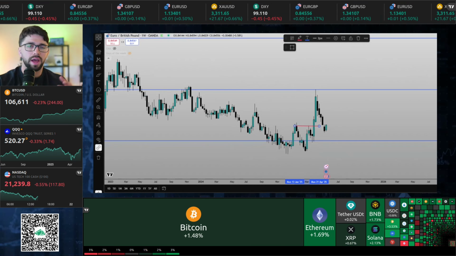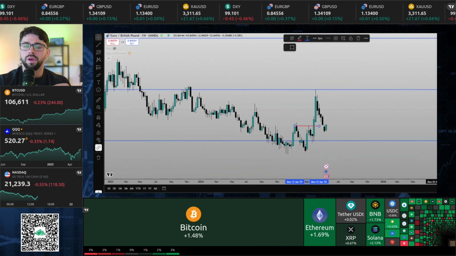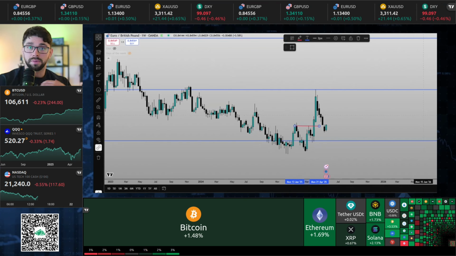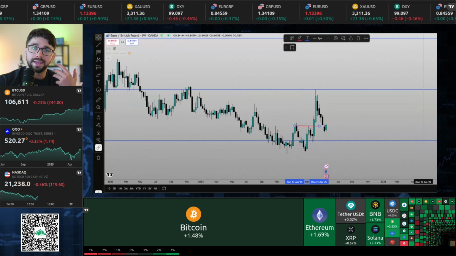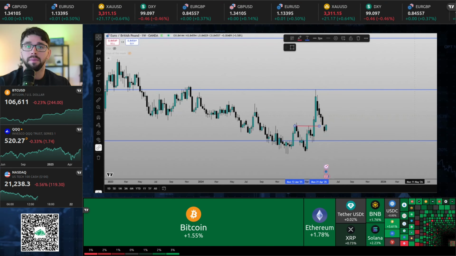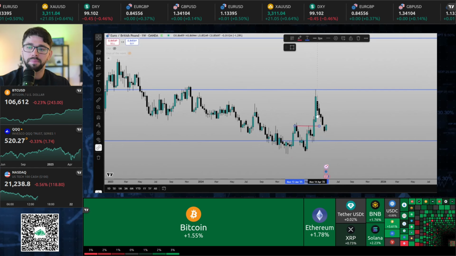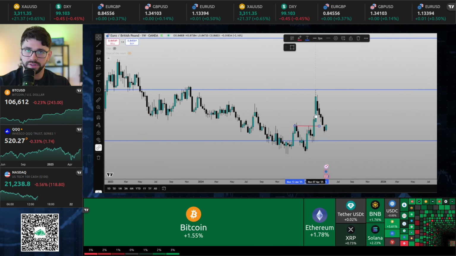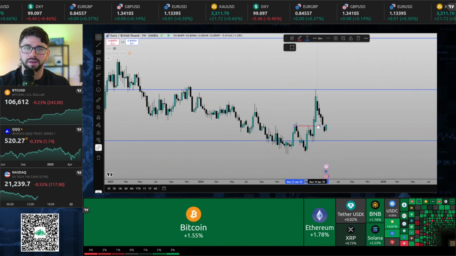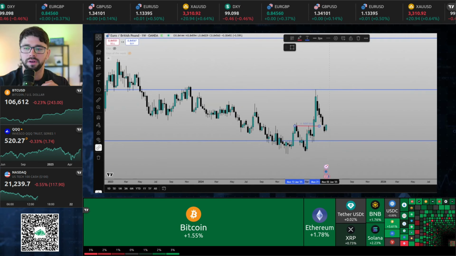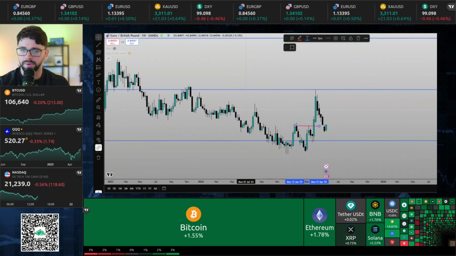Whenever we have a break of a level, that is confirmation, to me anyway, that price has had an acceptance above or below the level, depending on what we're looking at. Buyers have come in, overtaken the market, and we've had acceptance above this level. So for me, anything below that level is a good area to buy.